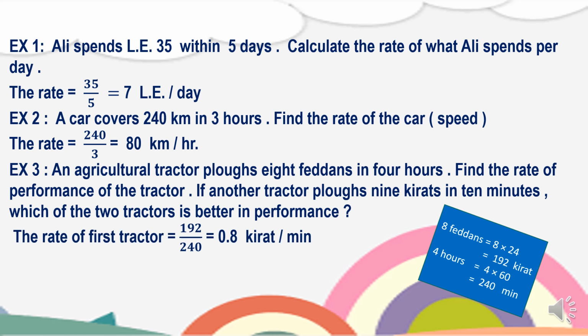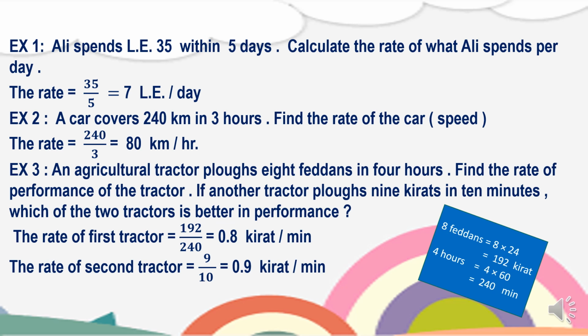Now I am ready to get the rate. The rate of the first tractor equals 192 kirats over 240 minutes, which equals 0.8 kirat per minute.